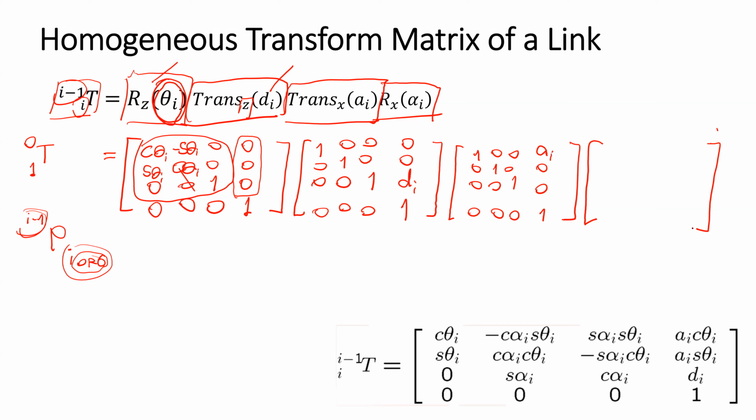Okay. The rotation about the x-axis. We have x, y, and z. The rotation about the x-axis with the angle alpha means the frame B's x_b stays the same, but y_b and z_b will change with the angle alpha.